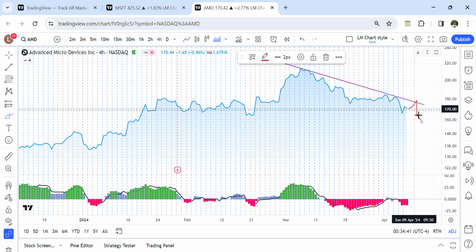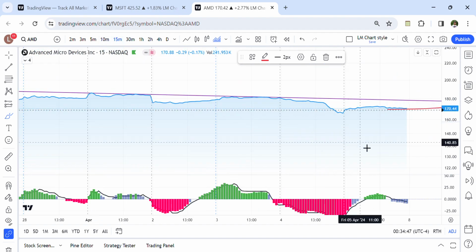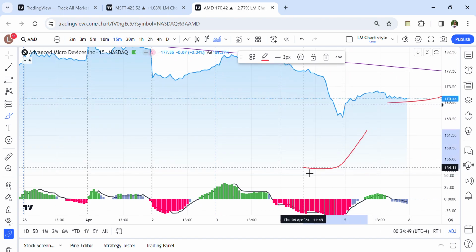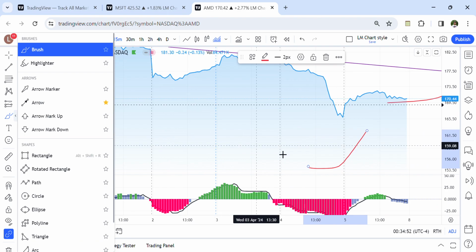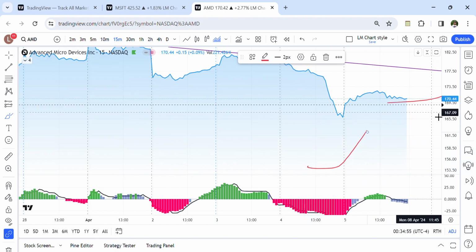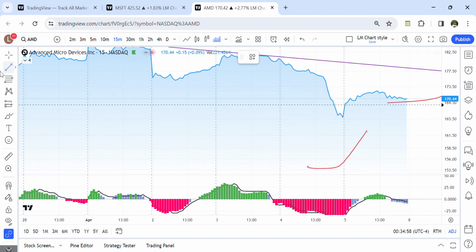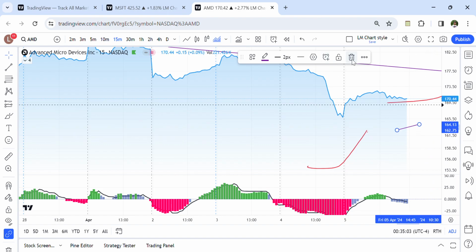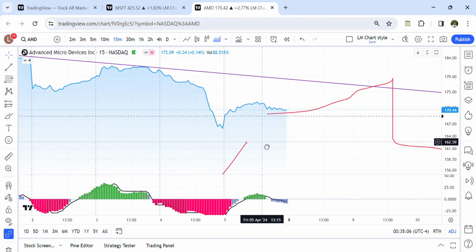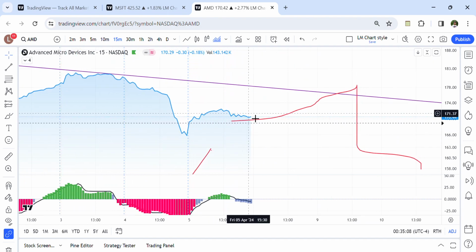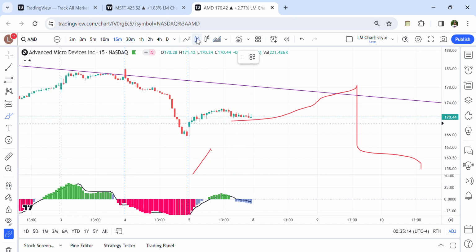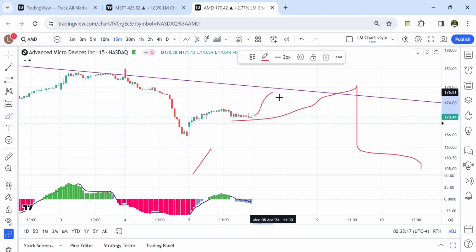This is because this is a 4 hour trend line. Now you can go ahead in maybe 15 minutes. If I do it in a 15-minute session, you can see that you might expect this current candle, let me put it in candle format, to give a bounce and touch here, which is around 177.